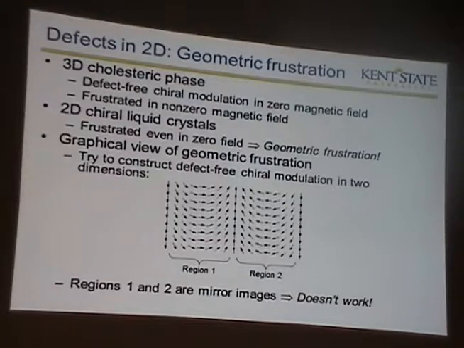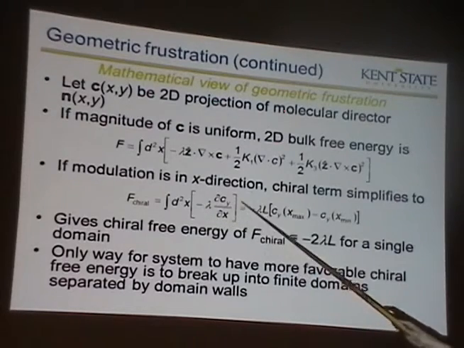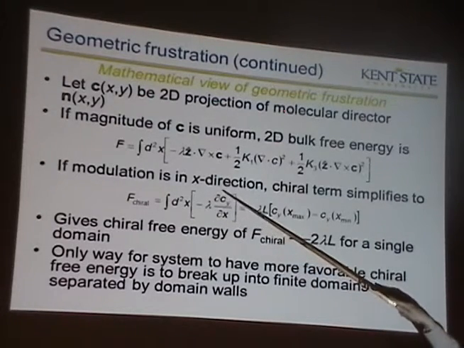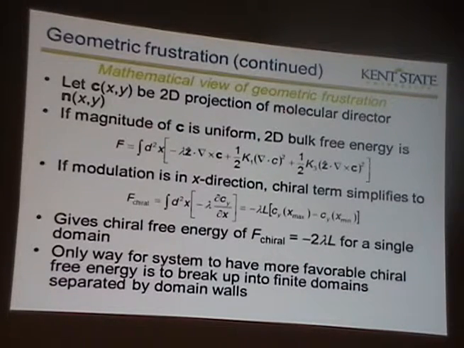So what is the global minimum when you have chirality? Well, I've got this mathematical argument that the chiral term in the free energy could be written like this, as the derivative of the y component of the director with respect to x. And so the way that you would try to get the best negative contribution to the free energy coming out of that would be to have the y component increasing as a function of x.